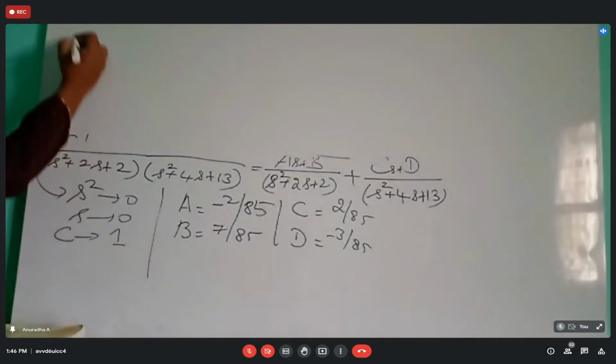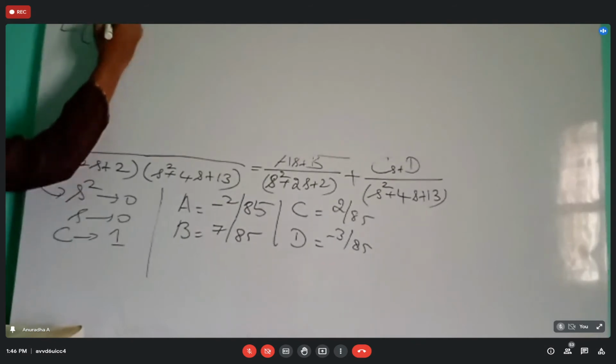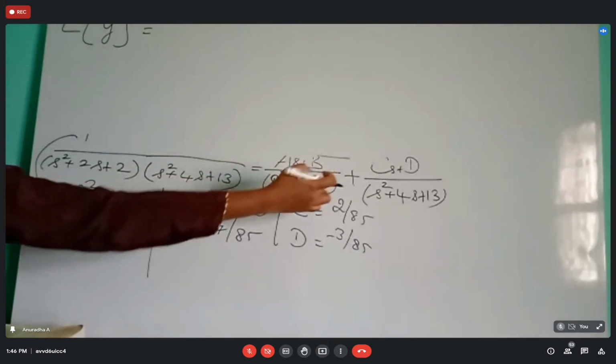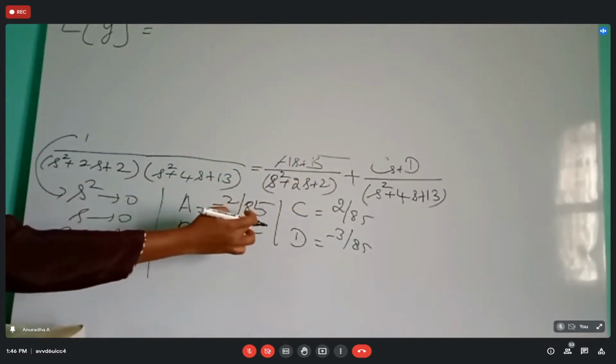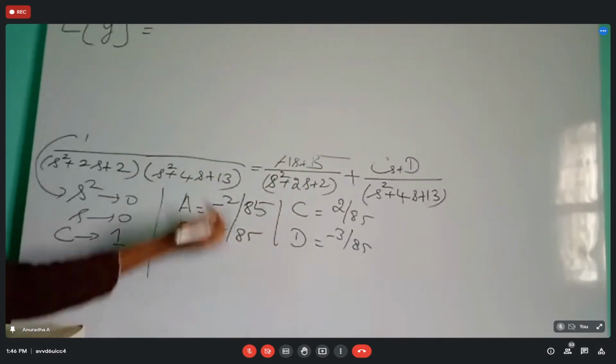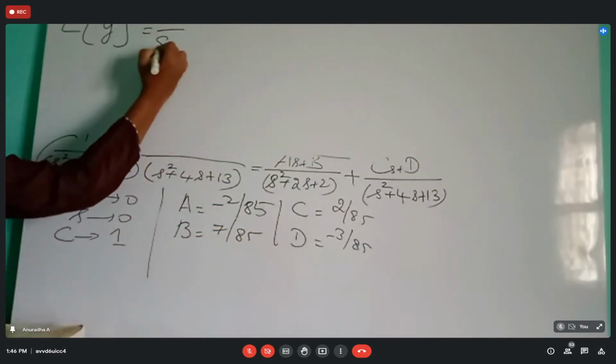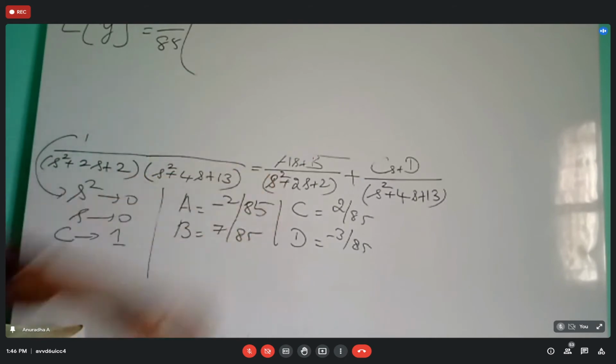So what I will get is L of y is equal to this value. 1 by 85 times everything, so I am taking 85 common outside.